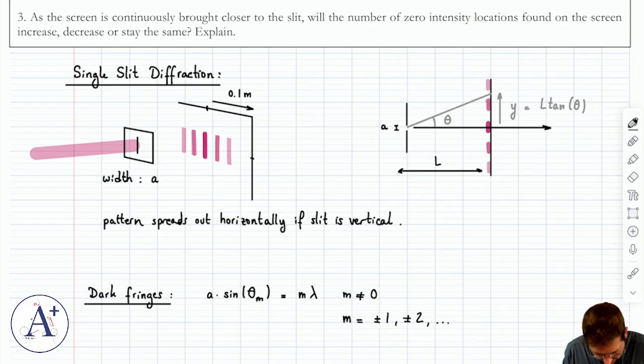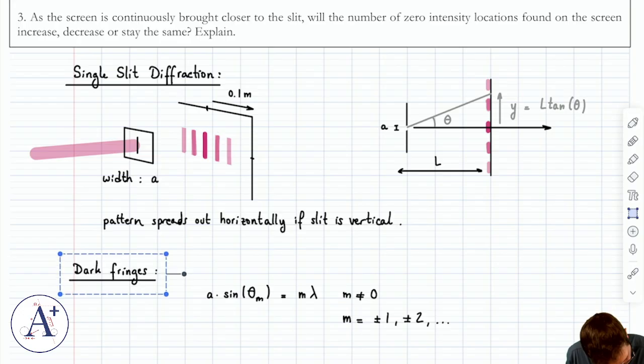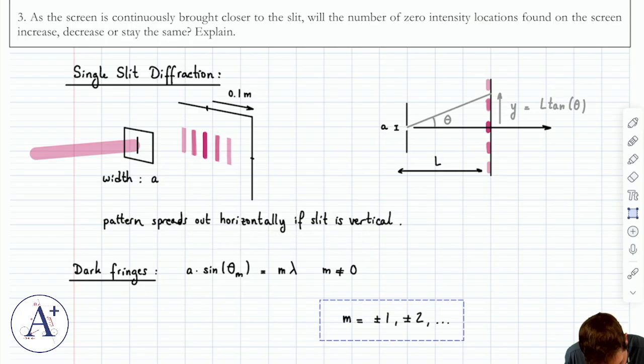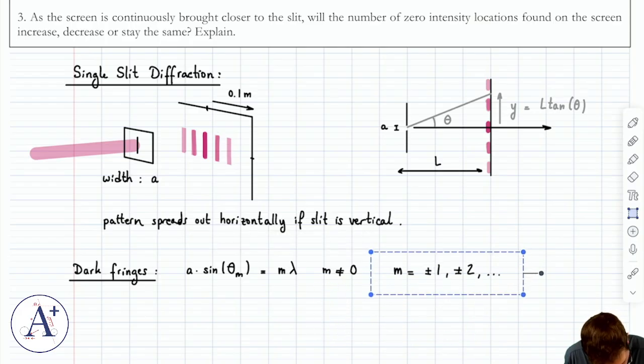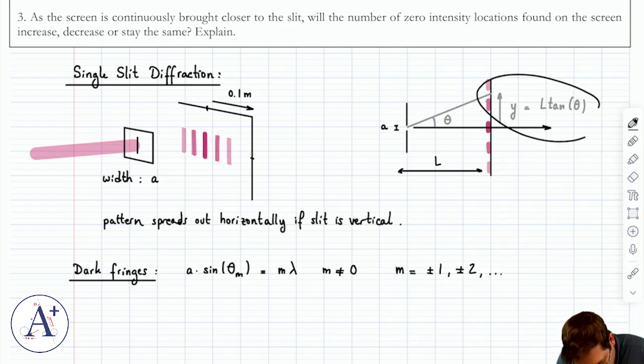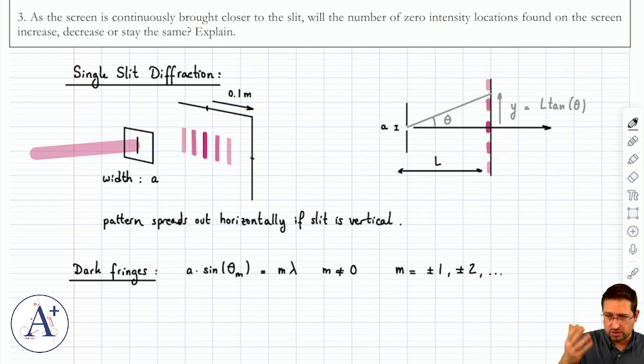Well, that's good, because I know where dark fringes are when it comes to single slit diffraction. They're at angles that satisfy a sine theta m is equal to m lambda, where m is plus or minus 1, plus or minus 2, and so on and so forth. And in fact, rather than find angles, I probably want to find the y location, which, as we just talked about earlier, is given by L tan theta.